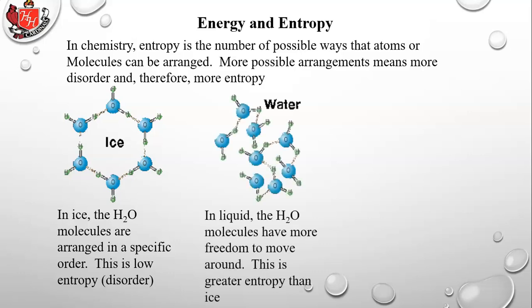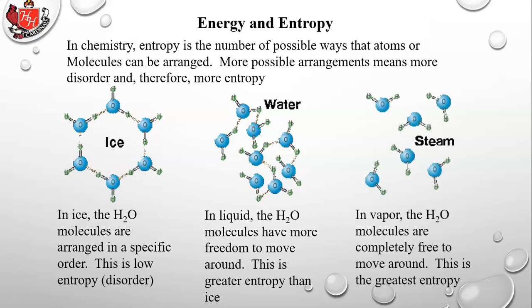In liquid water, the H2O molecules have more freedom to move around. This is greater entropy than ice. And in steam or vapor, the H2O molecules are completely free to move around. This is the greatest entropy. So I think the concept's pretty simple. It's just how free they are to move will determine how much entropy they have, how disorderly they are.